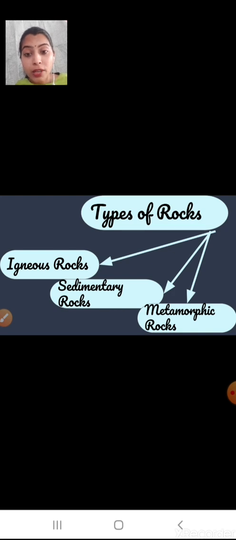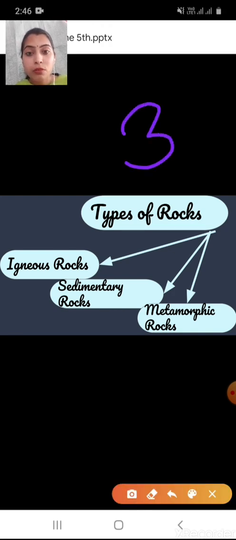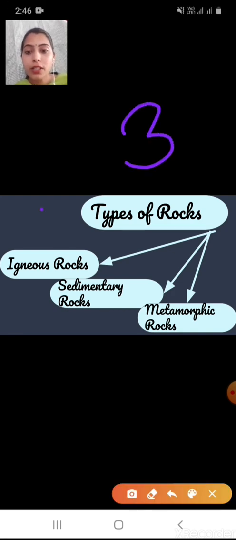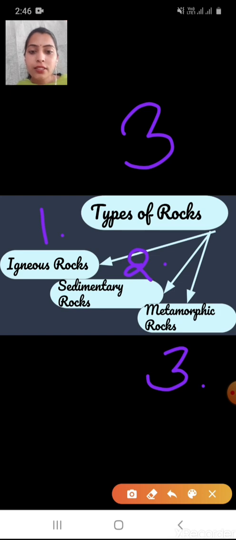So there are how many? There are three types of rocks. First one is igneous rocks. Second is sedimentary rocks. Third is metamorphic rocks.